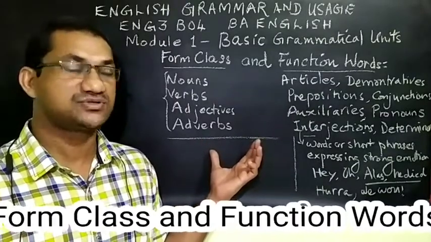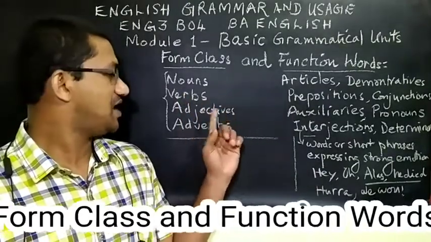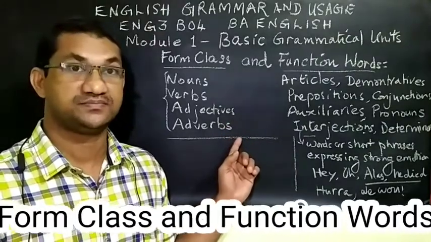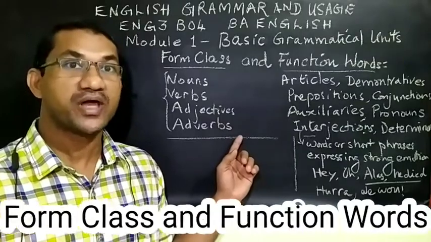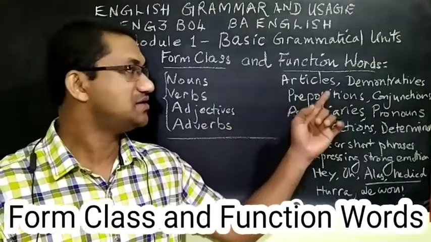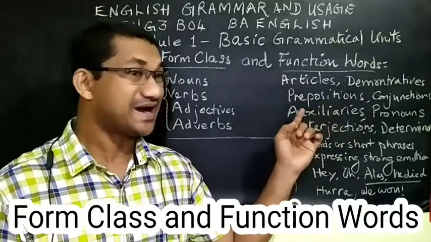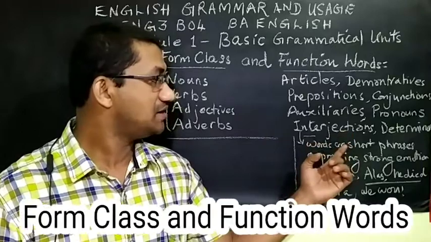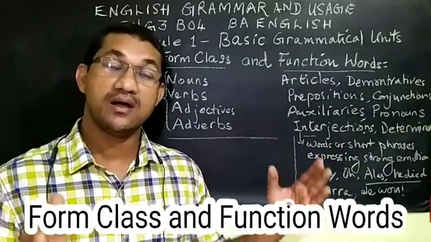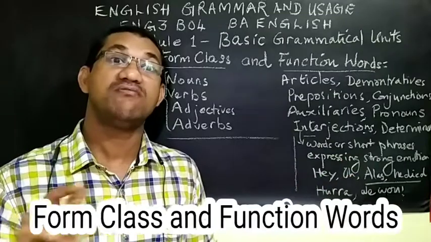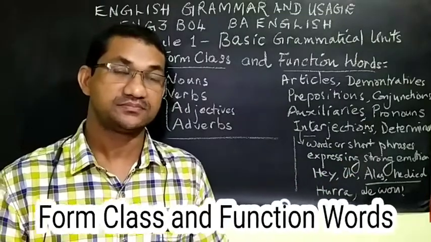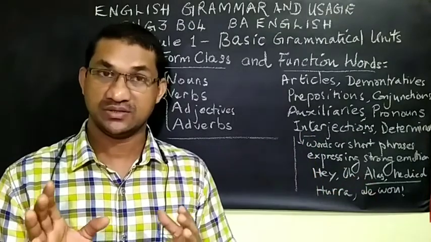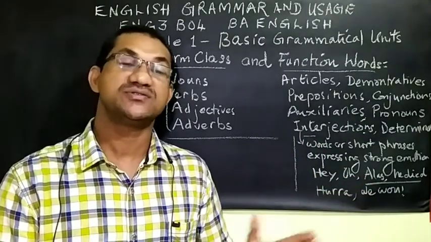Those vocabulary items which are nouns, verbs, adjectives and adverbs can be called form class words. And all the other vocabulary items which are articles, demonstratives, prepositions, conjunctions, auxiliaries, pronouns, interjections and determiners can be in the second group called function words. Okay, so we have an idea of form class words right now. So too, we have an idea of function words.